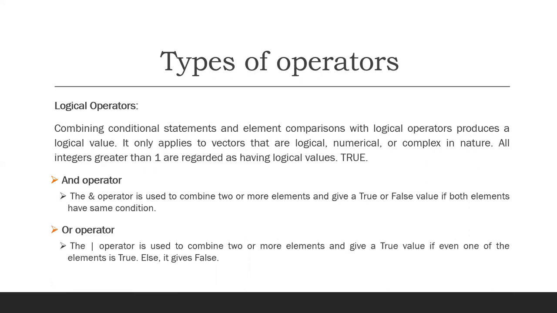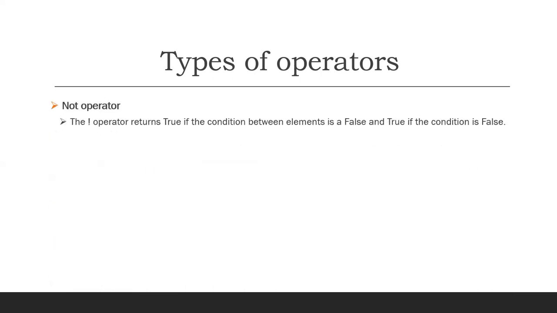Similarly, the OR operator is used to combine two or more elements and give a true value if even one of the elements is true, else it gives false. In the last, we have the NOT operator that returns true if the condition between elements is false and false if the condition is true.